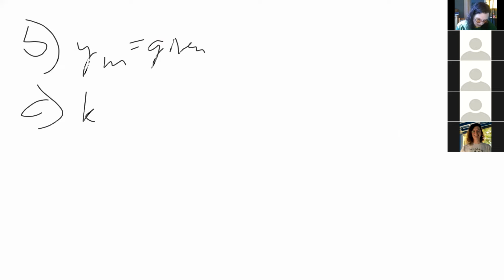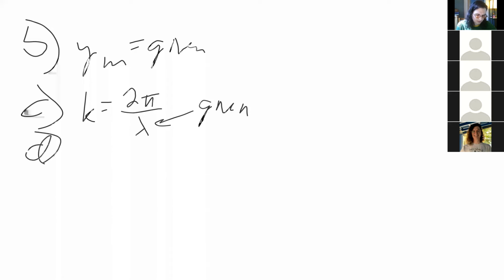Okay, so k is 2 pi over lambda. If I can find the wavelength, then I am good. Oh, they already gave me the wavelength right in the first line. So this is just a given right here. That's a one-step calculation.